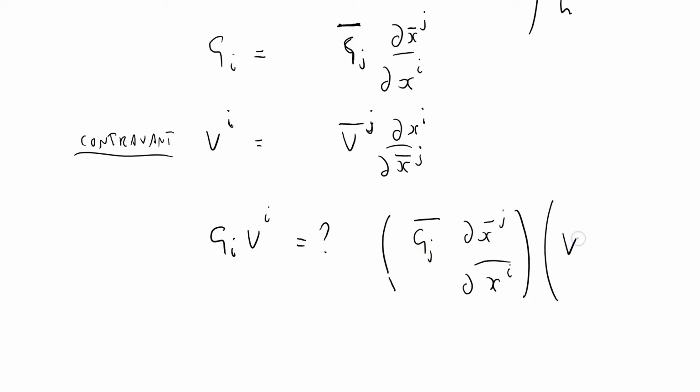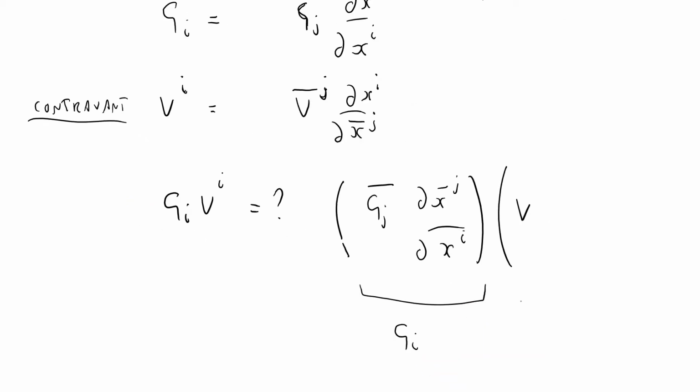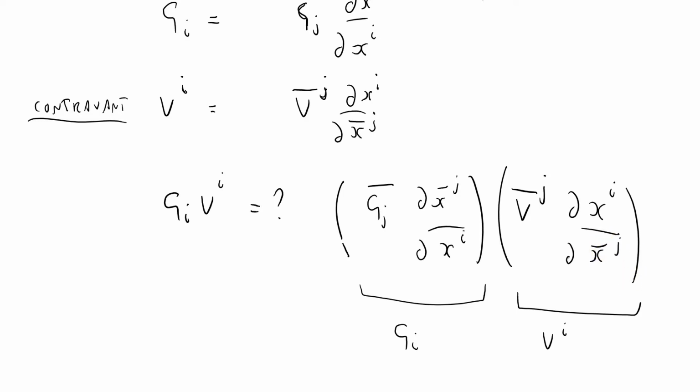V, so this one here, what was that one? That was gi for the gradient. And here's my vector, which is v superscript i, v bar j, ∂x i by ∂x bar j. There it is.